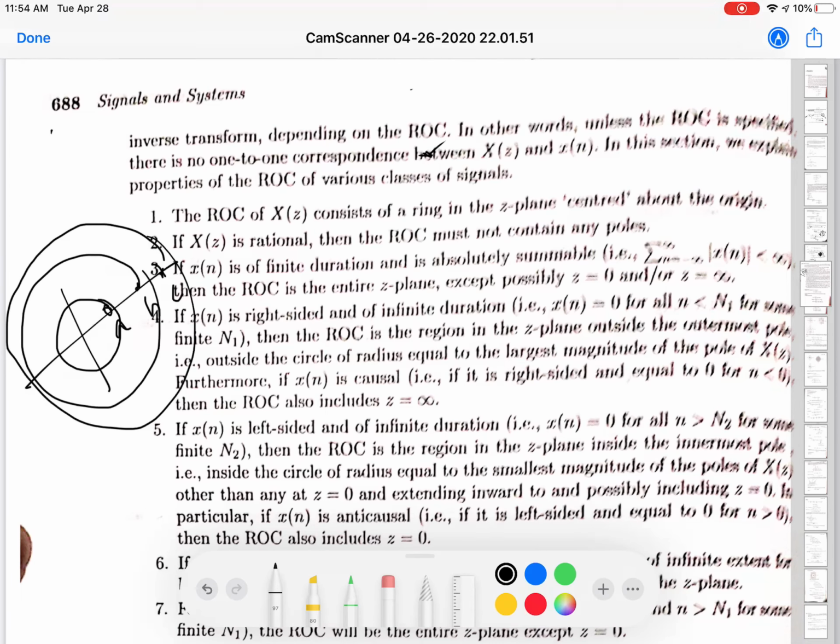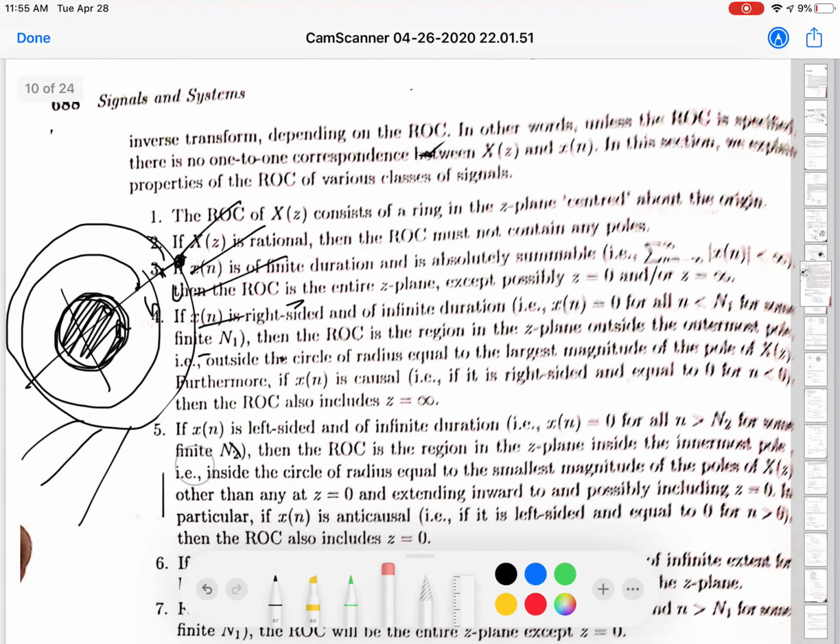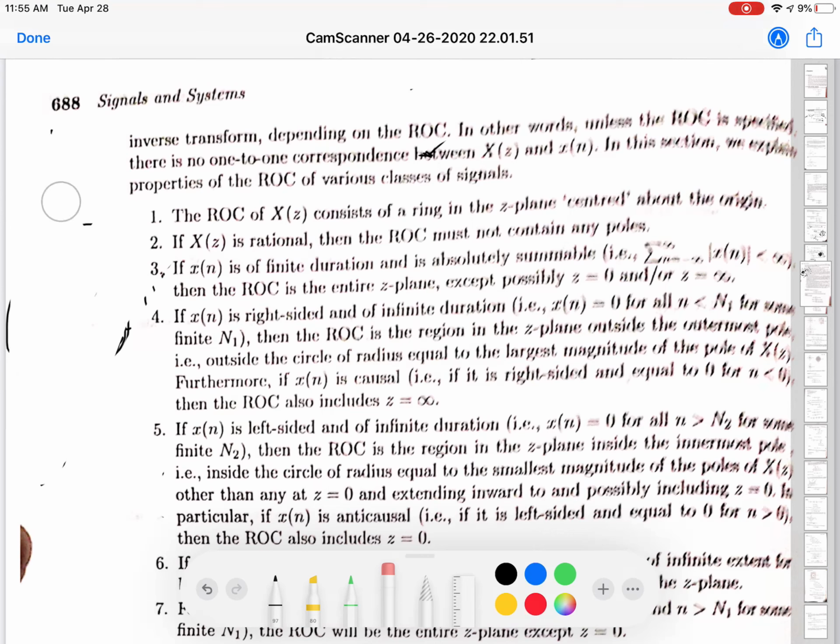You can draw a circle along each of these. If the sequence is right sided, then the outermost pole is this, so ROC will be outside this pole. Similarly, in case of left sided sequence, we will consider the innermost pole, so inside this will be the ROC for a left sided sequence.